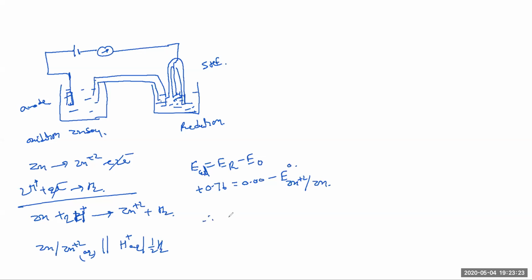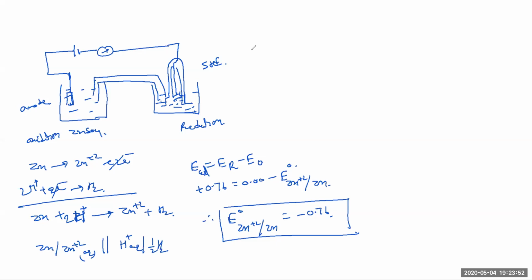Therefore E0 of Zn2+ to Zn is equal to minus 0.76. This is the determination method, the galvanic cell application. If you want to write a heading: determination of standard E0 value for zinc electrode.